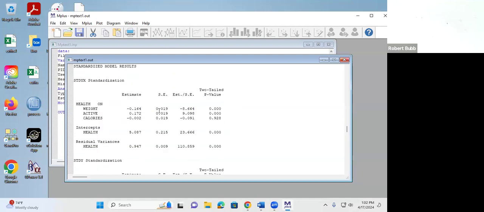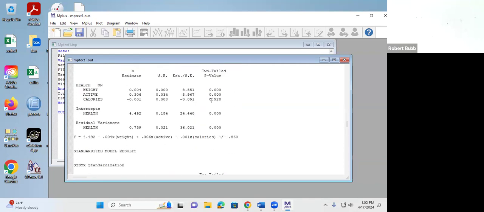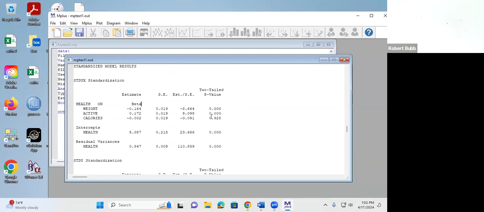Okay, so if we go to our standardized equation, we're looking for the STDYX, standardized on Y and X, outcome and predictors. All right, what are we looking for here? I think that is right here, 0.1. You don't really need to worry about too much else here. Notice that your p-values are redundant with what's up here. They should be because it's the same thing standardized.